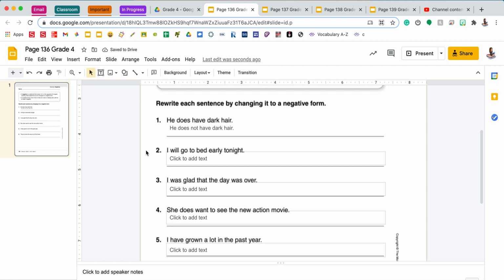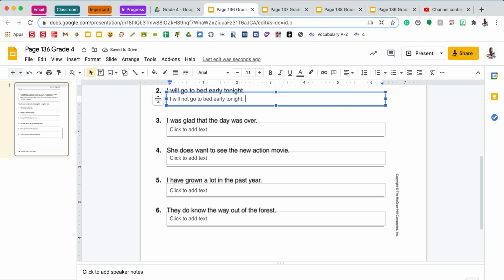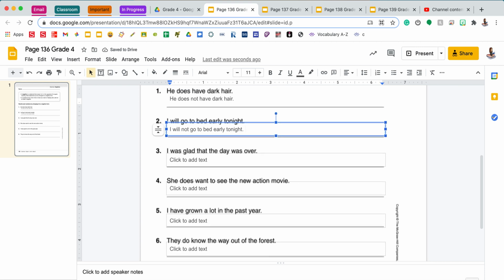Number 2 says, I will go to bed early tonight. Again, I want to change it to a negative, so I'm going to say I will not go to bed early tonight. You will finish this page. You only have 4 more to do on your own with the same directions.